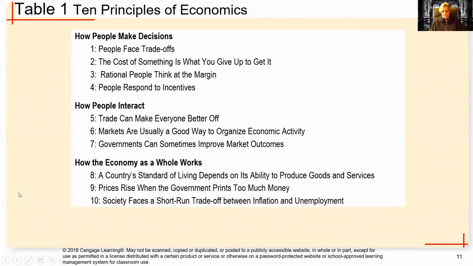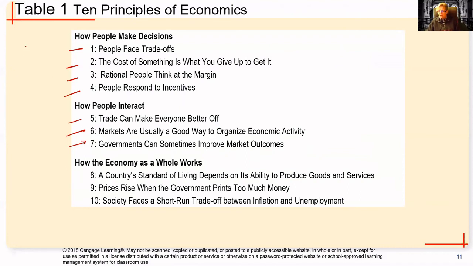So here's our 10 principles. Again, some of them cover micro more so than macro. So in a micro course, we spend a lot of time on these particular principles, principles 1 through 4. We do talk about 5, we do talk about 6, and we talk a little bit about 7 in terms of efficiency of markets.